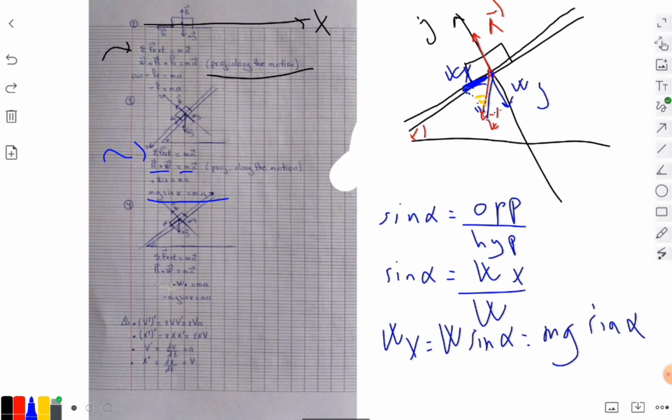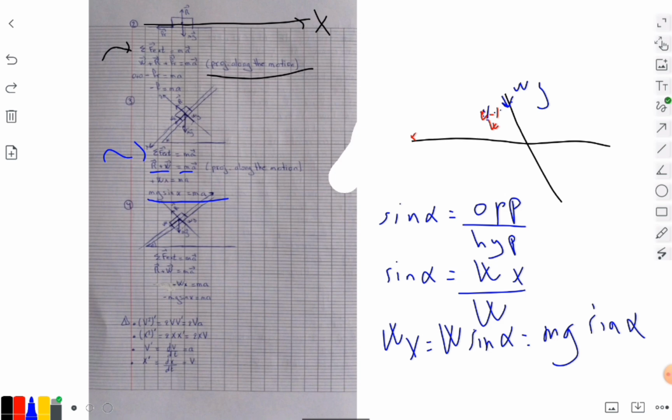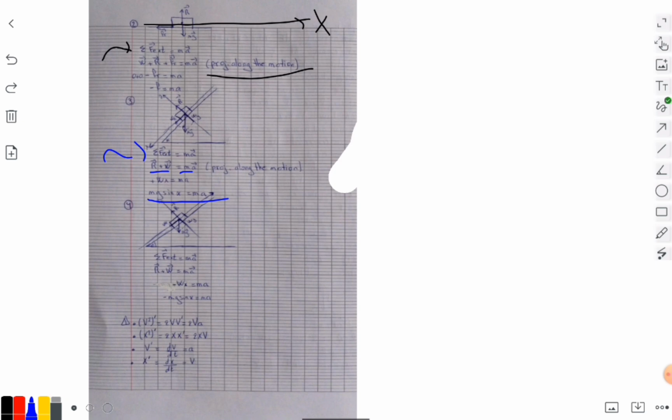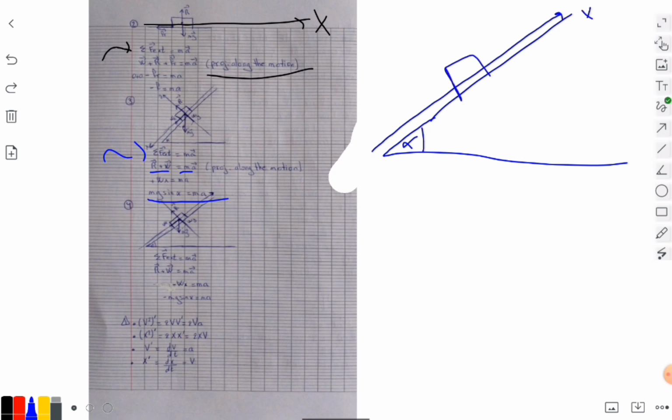The fourth case, case 4: the object is going upward. Alpha, this is the object, and this is the x-axis, this is the y-axis.